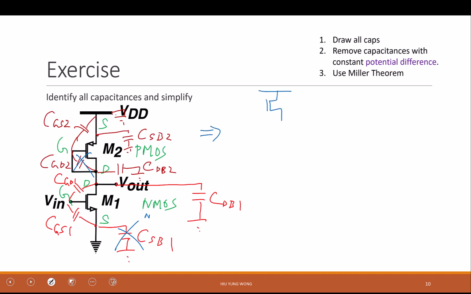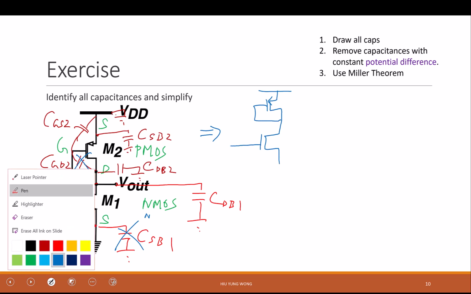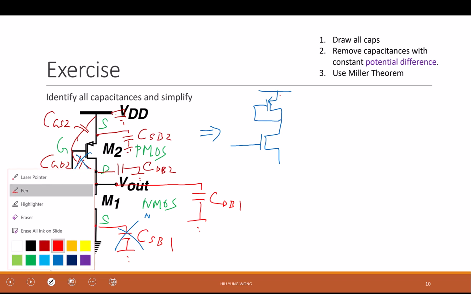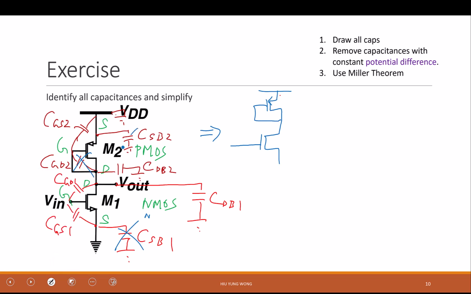Now it becomes simpler. I have this. I have still here. Sorry, there's one more I can eliminate. I did not say that, right? Thank you. CSB. Yeah. So I eliminate 3, right? Now I only have 5.